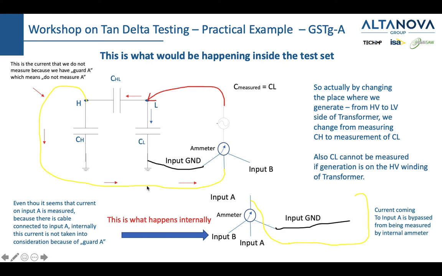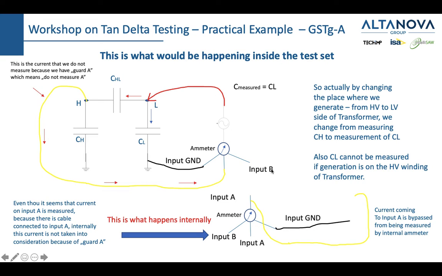And that also means that even though I'm connected to input A, because I have GST GA or guard A or remove A, I effectively will not be taking this current into consideration. Effectively, it will look like this. So it will look like I'm only measuring the ground current.